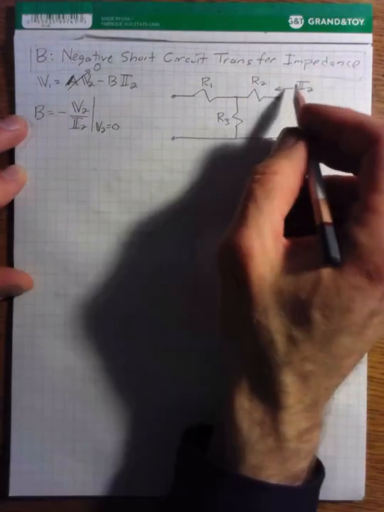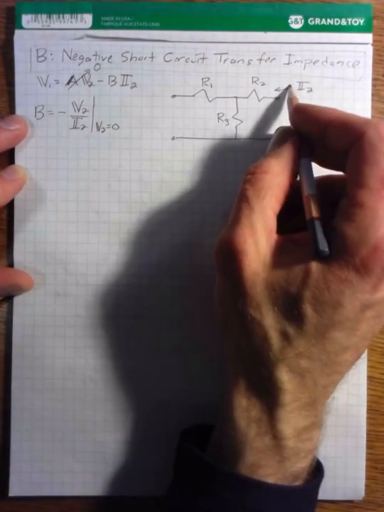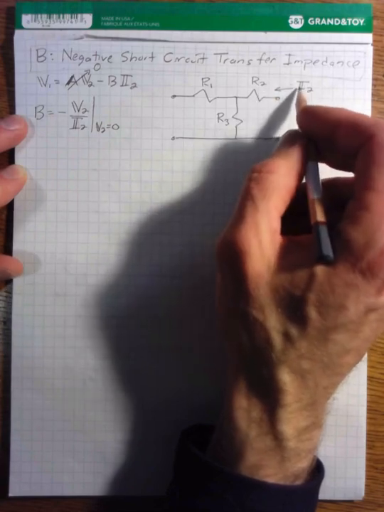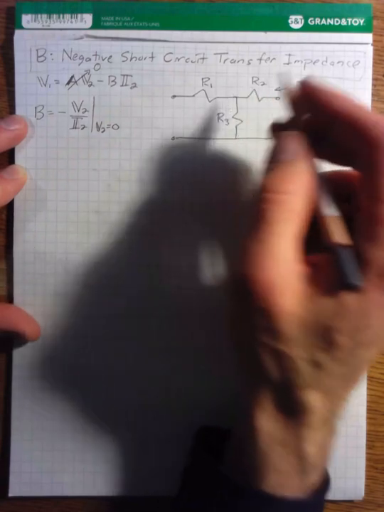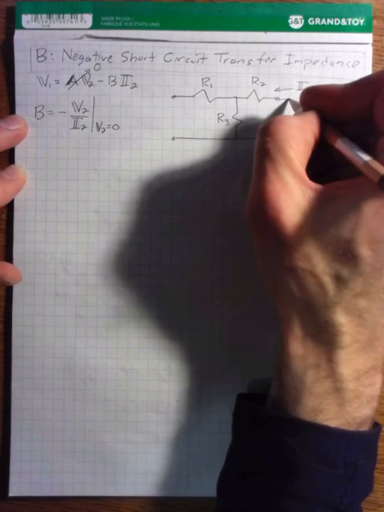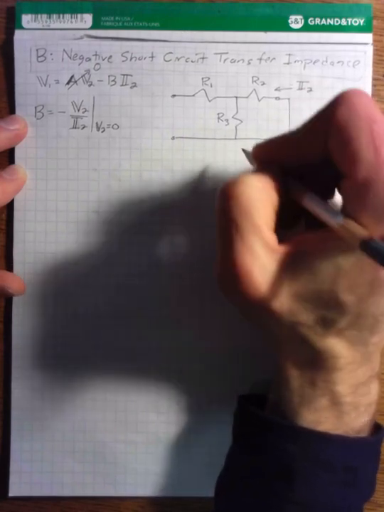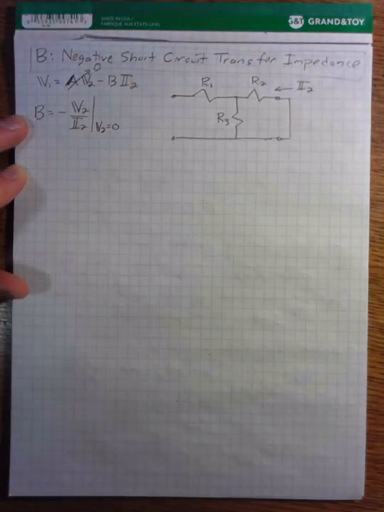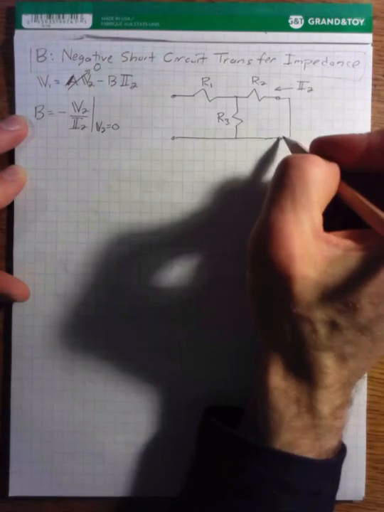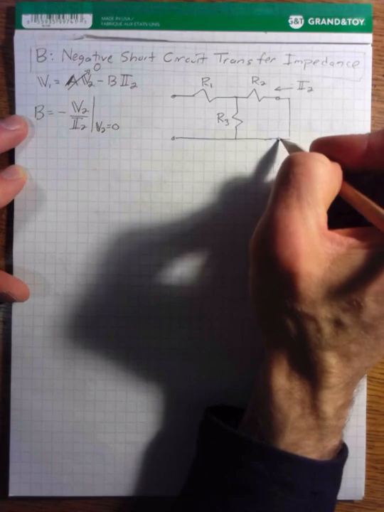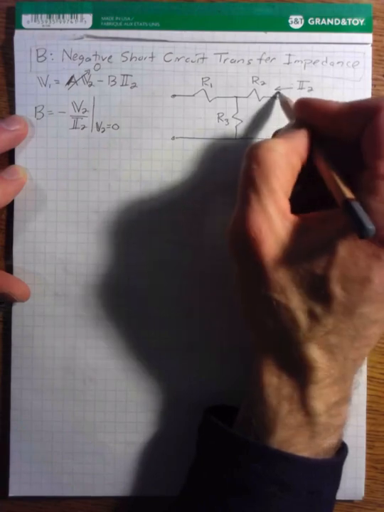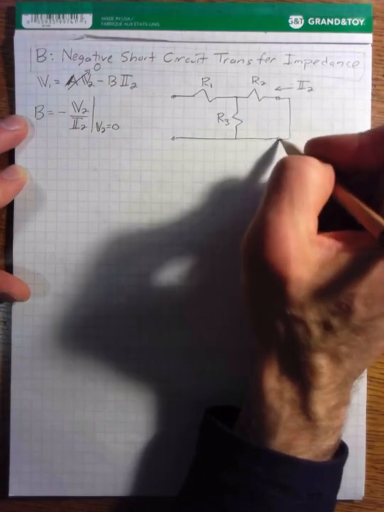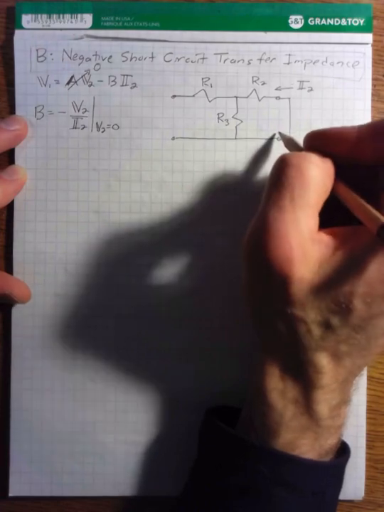That's the convention. If we included the negative sign in front of it, it would be going out. But because I don't have the negative sign there, it's going in. We short these connections together. How can current flow in if we shorted the connections? Well, remember, this is just basically a short to ground, right? And it is certainly possible for current to flow through a resistor when it's connected to ground. So that's no problem.